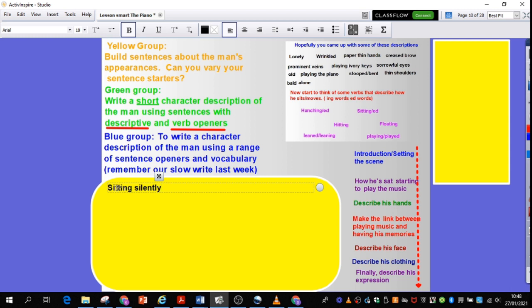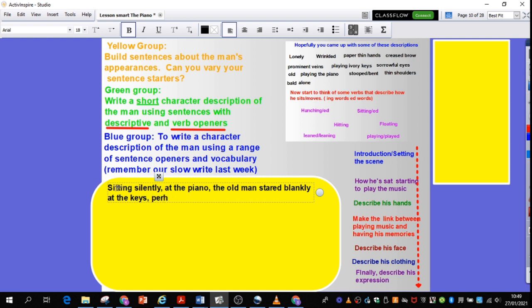Then I'm going to say, where was he sitting? So sitting silently at the piano. Then I'm going to introduce the old man. So the old man, and when he sat down, he was almost as though he was composing himself and staring off, possibly already thinking about his memories. So let me see, the old man stared blankly at the keys.